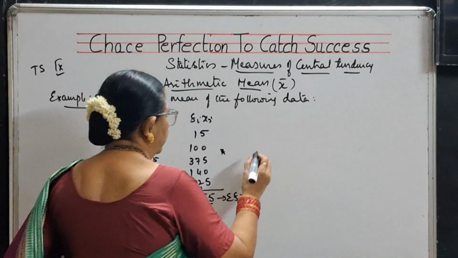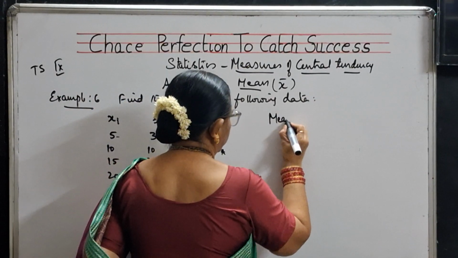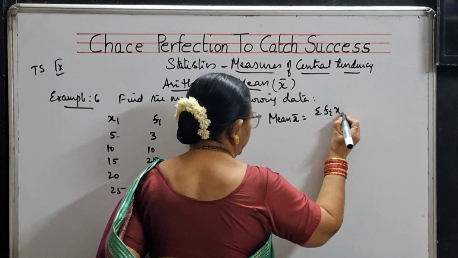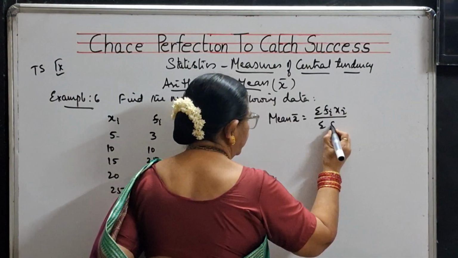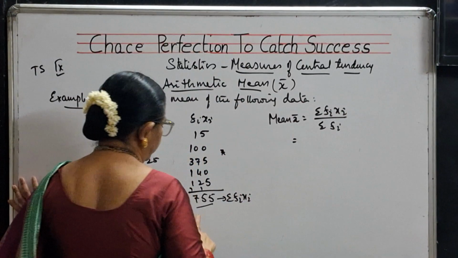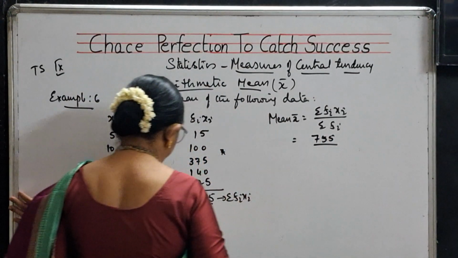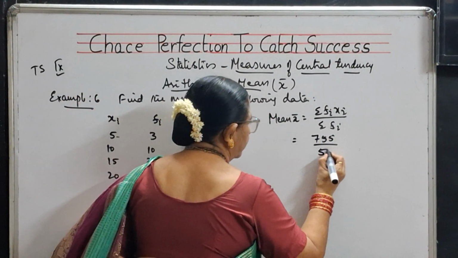Now you have to find the mean. Mean is equal to sigma Fi Xi by sigma Fi. So sigma Fi Xi is 755 by sigma Fi, which is 50.